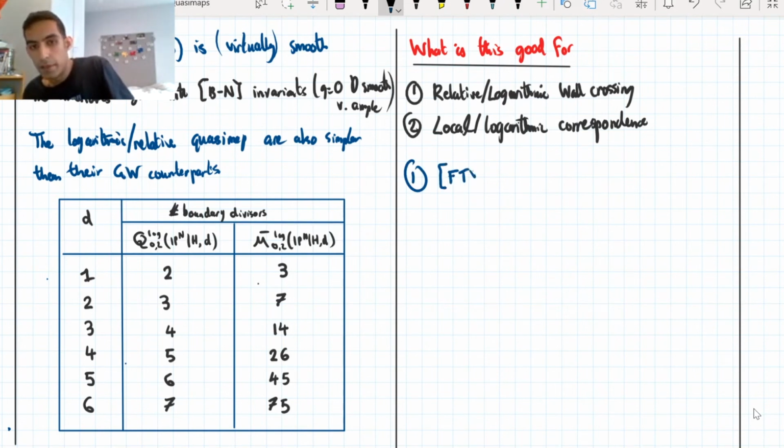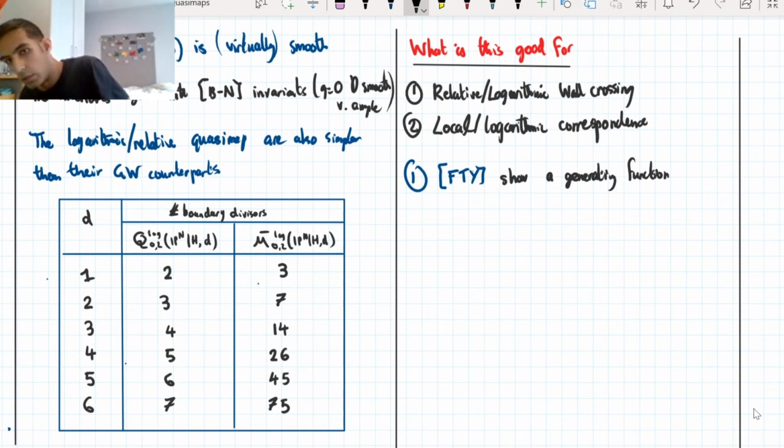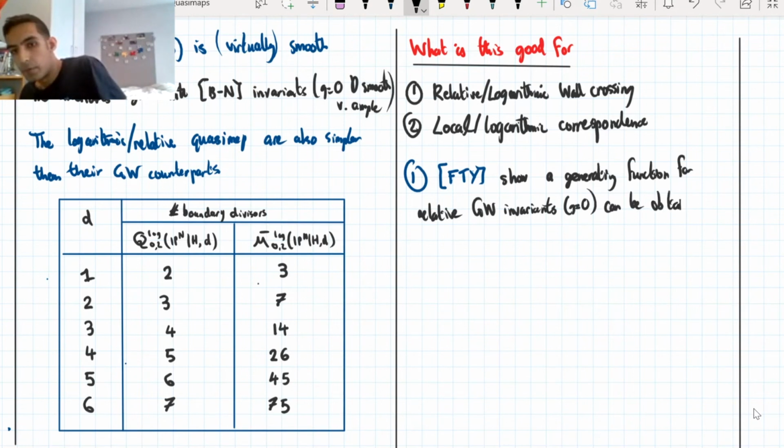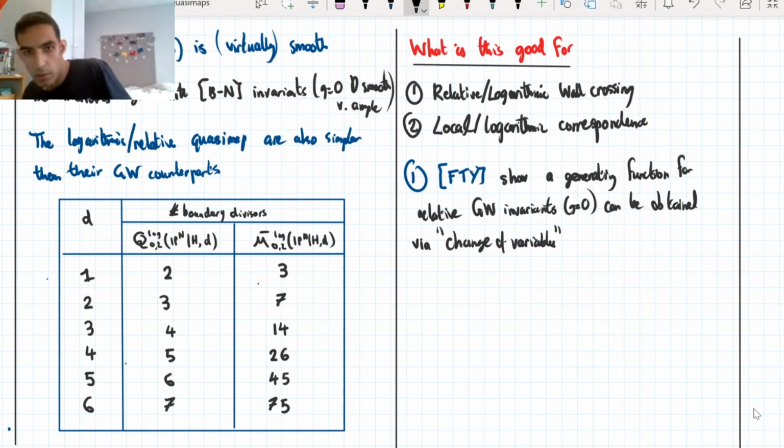So, for the first one, Fan, Tseng, and You show there's a generating function for relative Gromov-Witten invariants in genus 0 that can be obtained via a change of variables, which I'm going to suggestively write below as wall crossing, question mark.